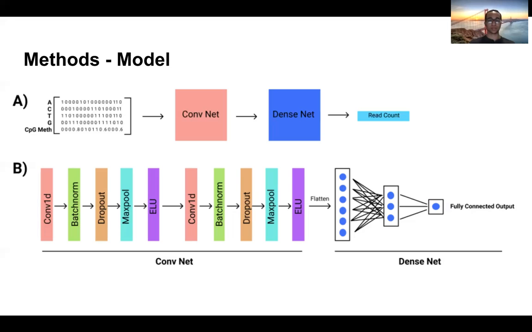That would then be flattened into an array that goes into a dense net, where the weights in a fully connected dense net output a single value that represents the predicted read count, which we then compare with the ground truth using mean squared error loss and update our model.